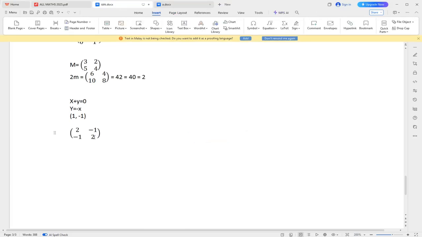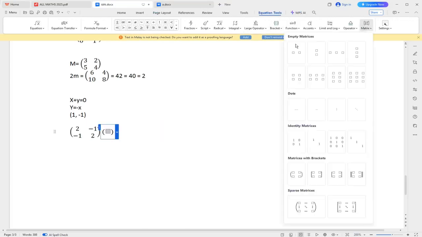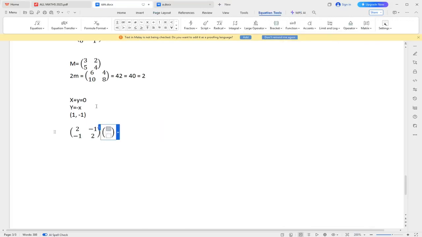This is our transformation matrix, and we are going to multiply this by the point on the line, which is (1, -1). So 2 times 1 is equal to 2, plus 1 times -1 times -1, which is equal to 1. 2 plus 1 is equal to 3.